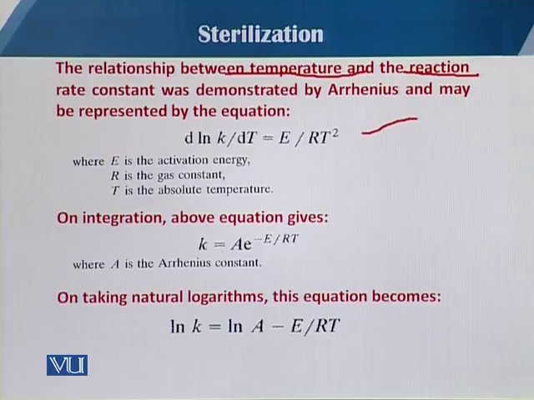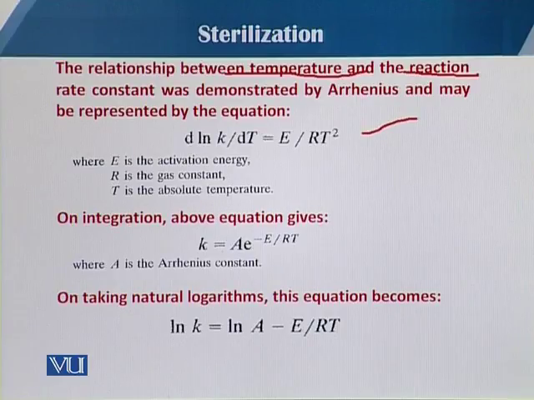The relationship of rate of reaction, death rate and the temperature can be easily demonstrated by the Arrhenius equation: d ln K over dT is equal to E over RT squared. Here E is the activation energy, R is the gas constant, T is the absolute temperature.